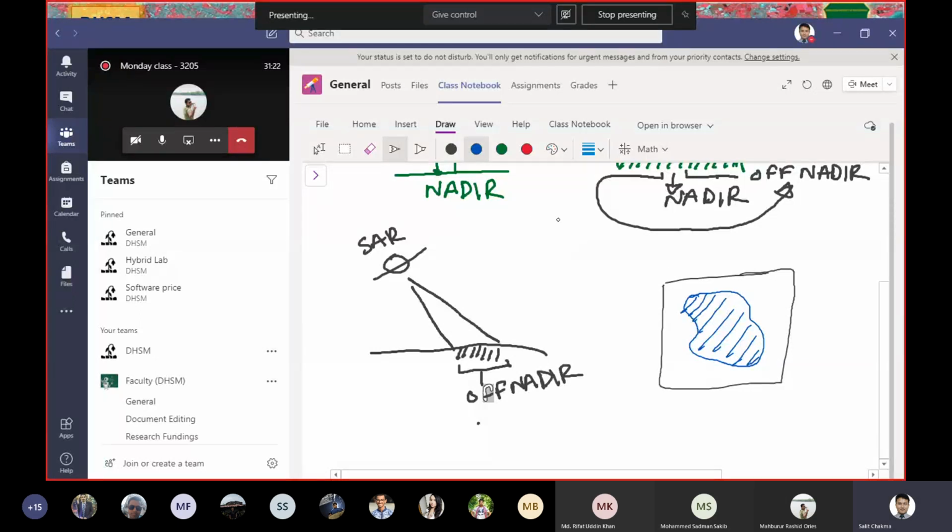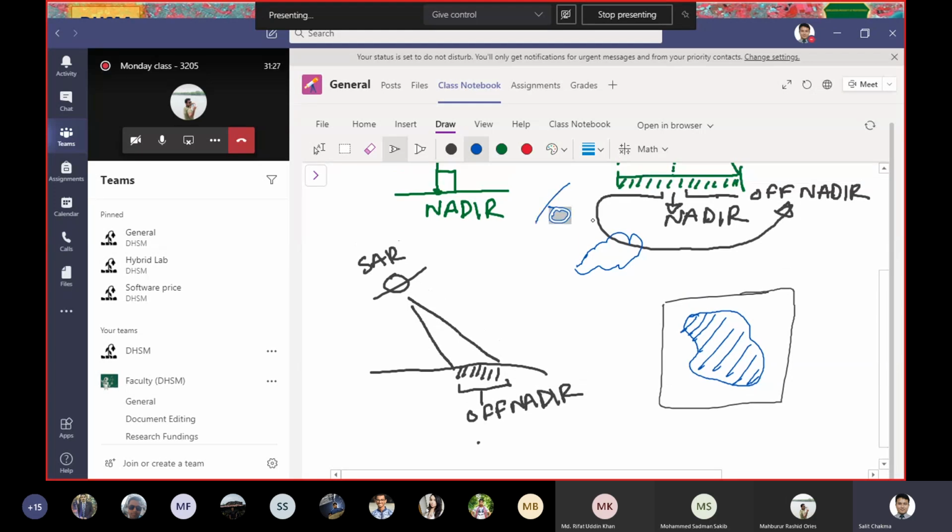There were clouds here. Your satellite was here. But the signals can go beyond the clouds and come back to the sensor. So finally, you have one map, and in this map, this is the flooded area. That means this area is inundated.